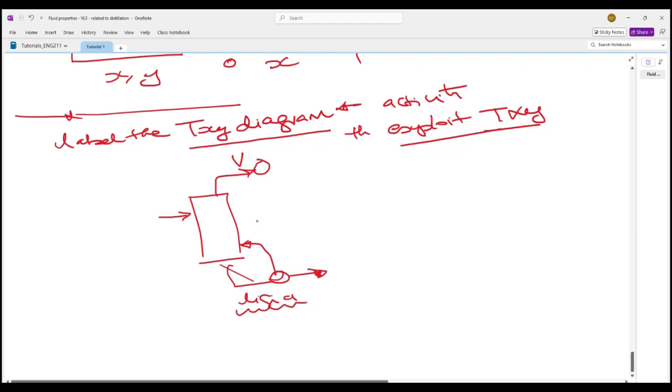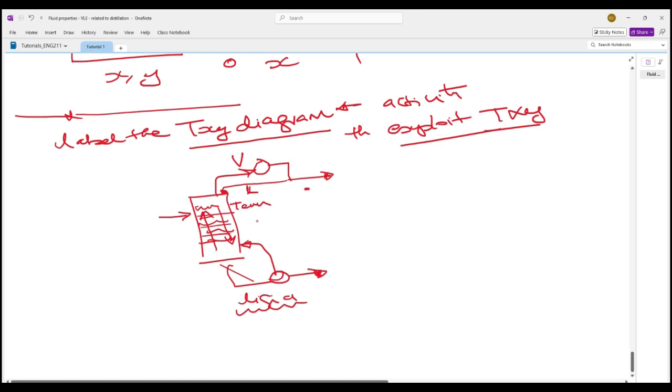The vapor we will condense back, take some product, and send some of the liquid back to the column. So vapor will be rising, liquid will be coming down. There will be constantly some exchange of mass from liquid to vapor and vapor to liquid, and everything happens in different stages, and each stage will have a different temperature.